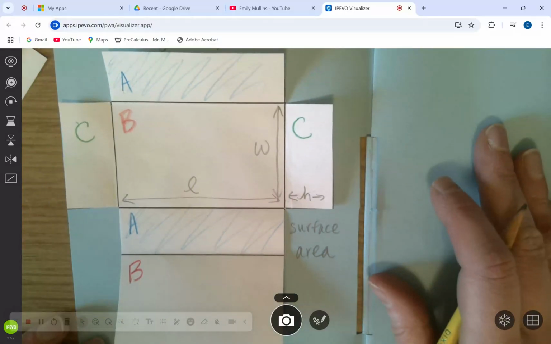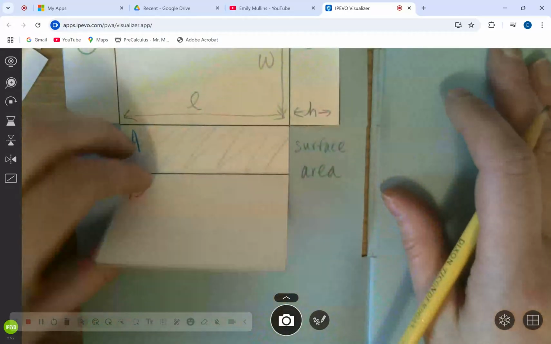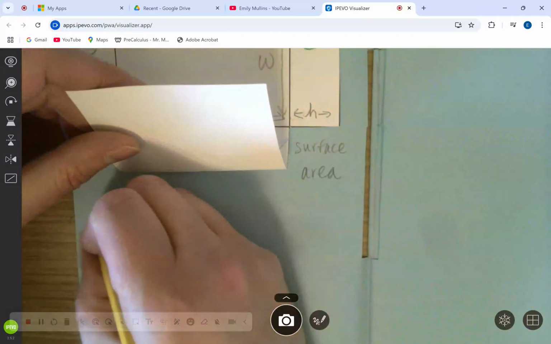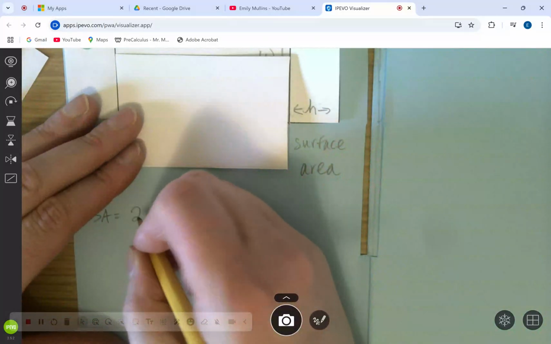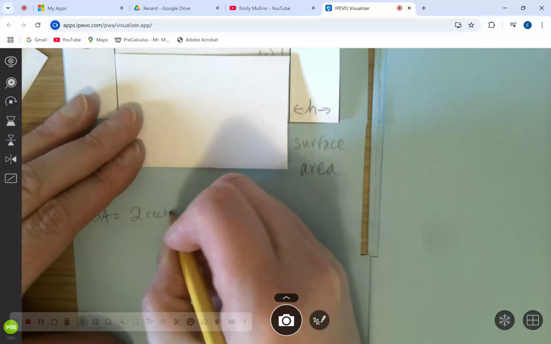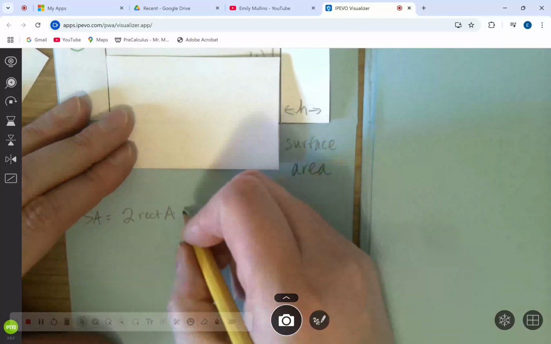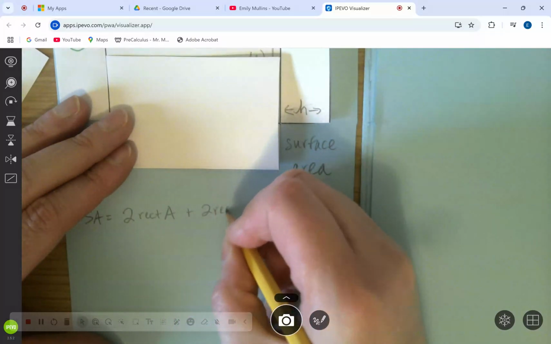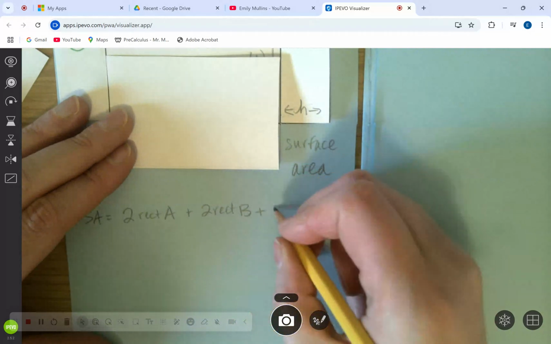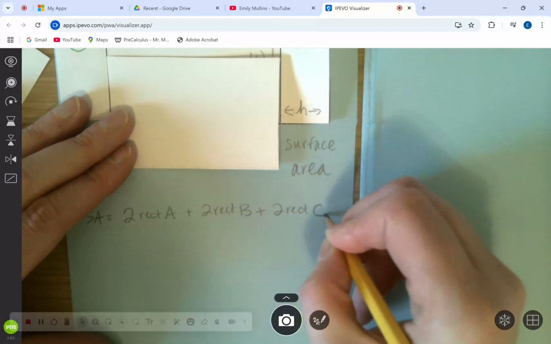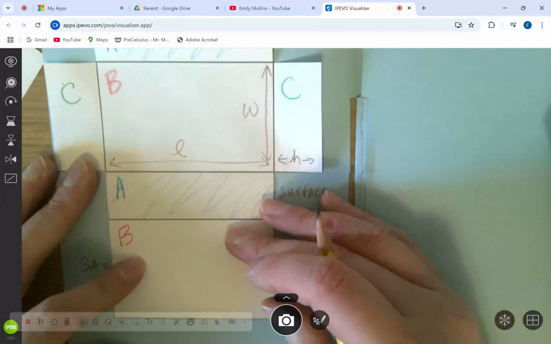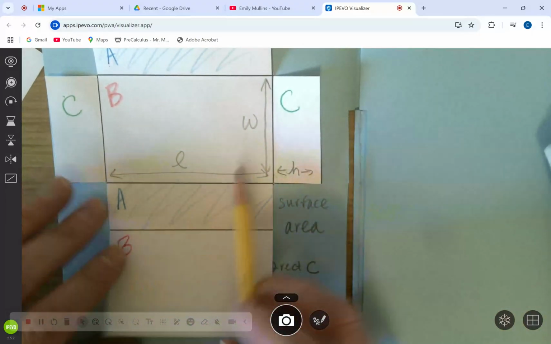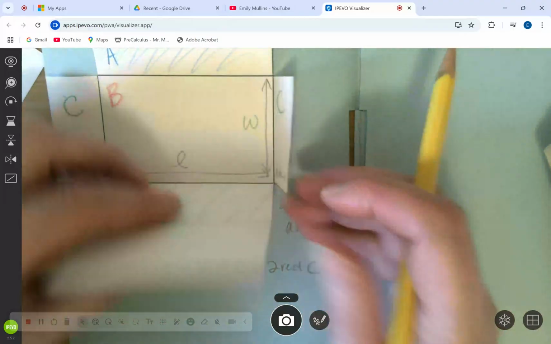So when I am finding my surface area, and I'm going to fold this up a little bit, my surface area is going to be 2 times rectangle A, because there's 2 of those rectangles, plus 2 of rectangle B, plus 2 of rectangle C. So my rectangle A is made up of a length, and it matches up on the side.